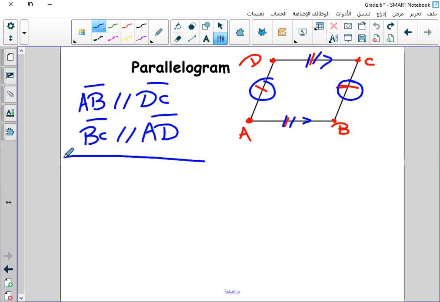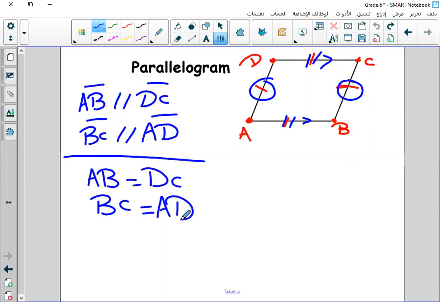Second, each two opposite sides are equal in length. Then we can write AB equal DC and BC equal AD. And in any parallelogram, there are two diagonals. The first diagonal is AC and the second diagonal is BD.